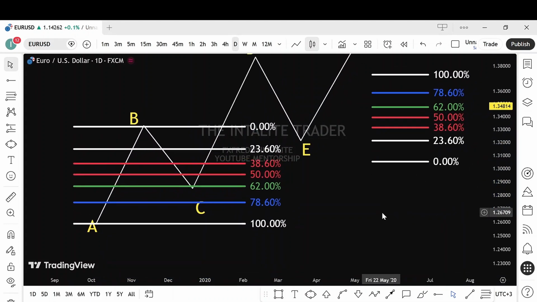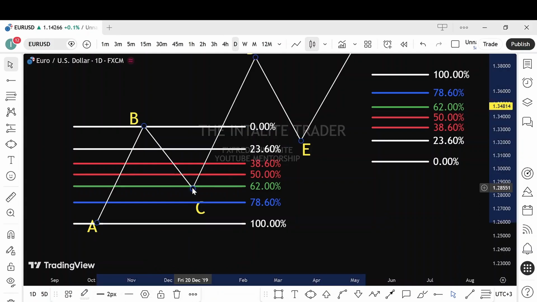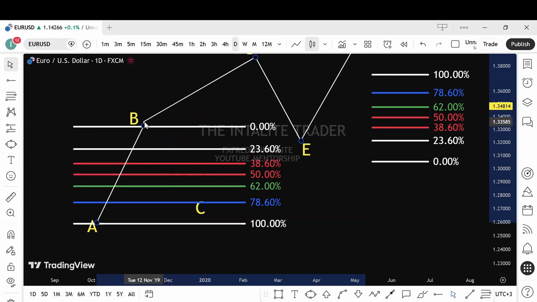Because we are saying if the market is pulling back, at this point it has not yet started pulling back. So if it pulls back to 23.60, that means it has pulled back 23.60 of this previous A to B move, of this previous impulsive move.